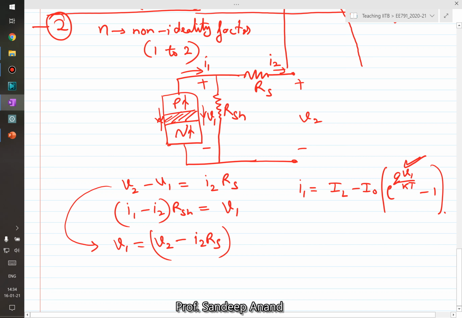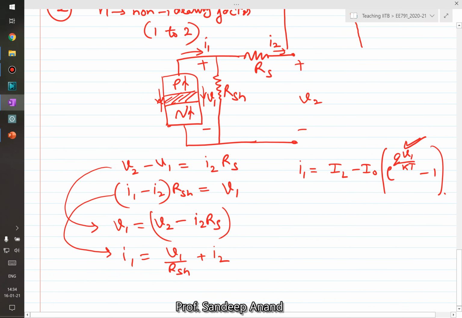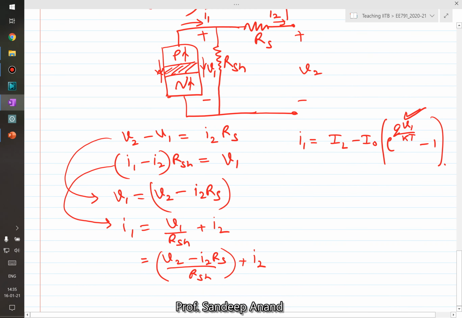I need to find I1, so I use the other equation, and I can write I1 is nothing but V1 by RSH plus I2, wherein V1 by RSH I can write as V2 minus I2 RS upon RSH plus I2. Right? So now I can substitute the value of I1 from here and the value of V1 from here.